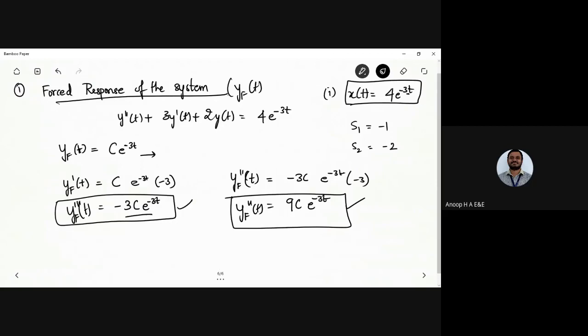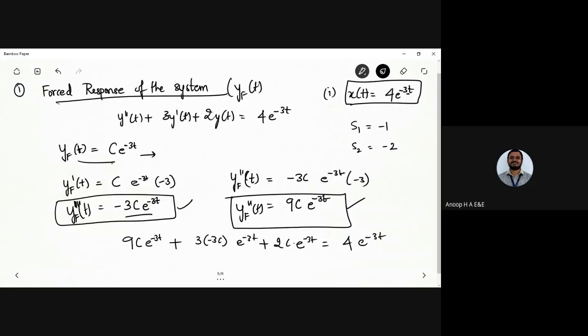yf'(t) is equal to minus 3c times e power minus 3t, and yf''(t) is 9c e power minus 3t. Next, I can substitute here: 9c e power minus 3t plus 3 into minus 3c e power minus 3t plus 2 into c e power minus 3t, that would be equal to 4 times e power minus 3t.